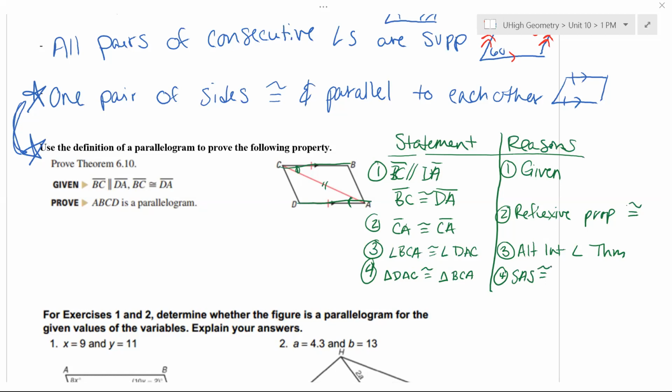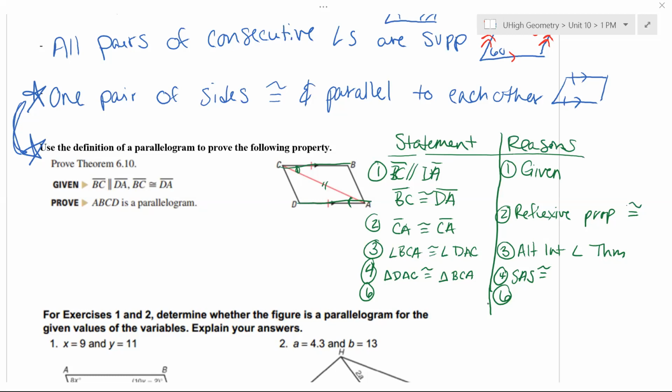All right, and then number 6, now I have two congruent triangles. So I know that I can use my CPCTC, corresponding parts of congruent triangles are congruent. So which angles are going to be helpful in proving congruent?